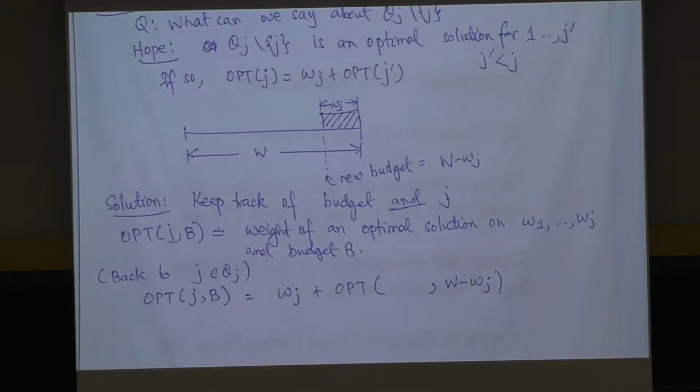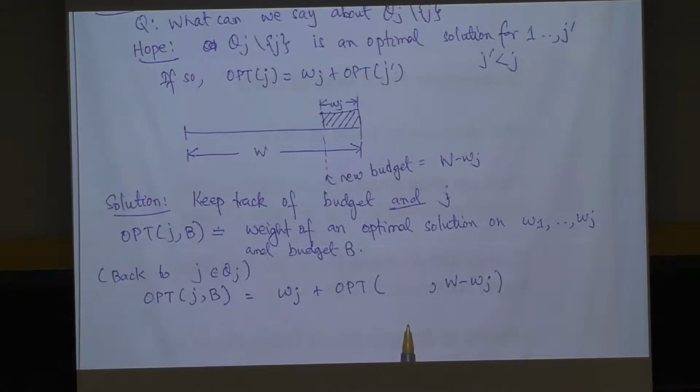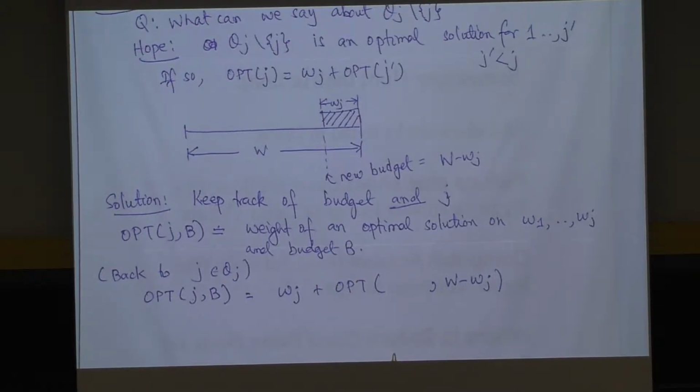And how many numbers remain? What should be this quantity? J minus 1. I've just taken one guy out.